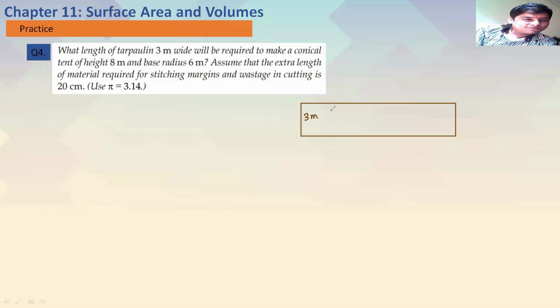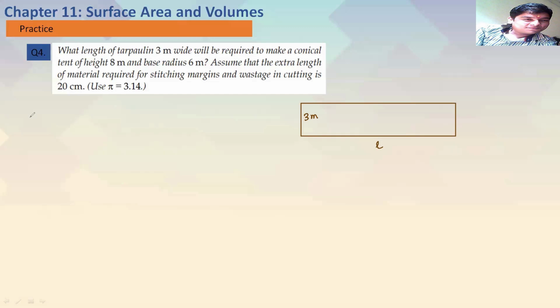Now the question is, what will be the length of tarpaulin required to make the tent? And there should be an extra 20 centimeter. 20 centimeter is equivalent to what in meters? It's 0.2 meters.